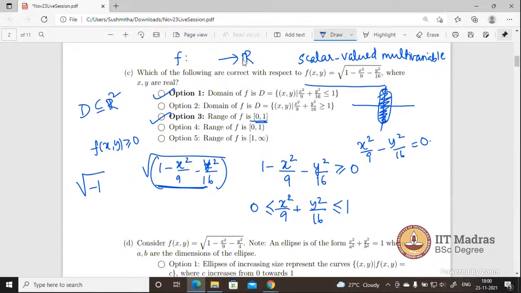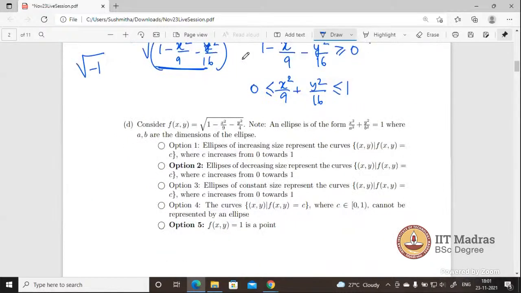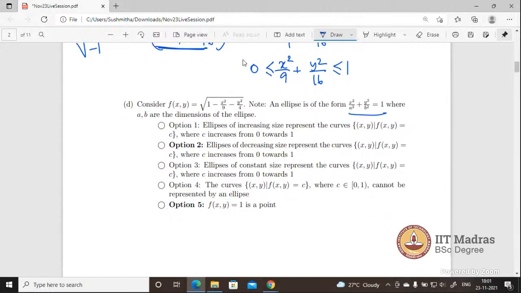Okay, so we are considering the same function f of x comma y is equal to square root of 1 minus x squared by 9 minus y squared by 4. As already mentioned, this is an ellipse. An ellipse is written in this form.